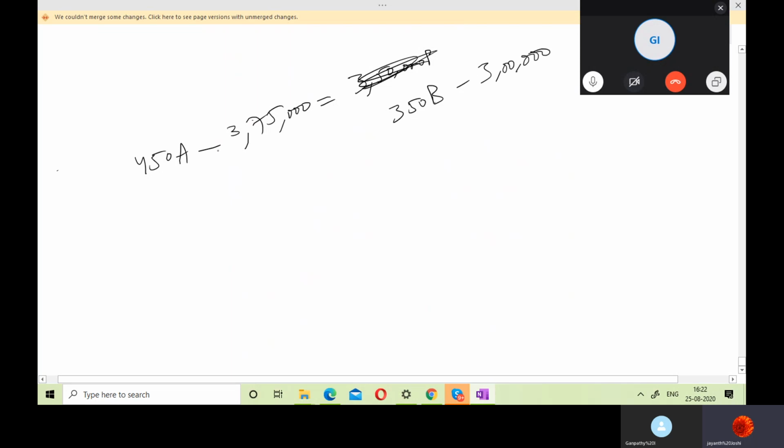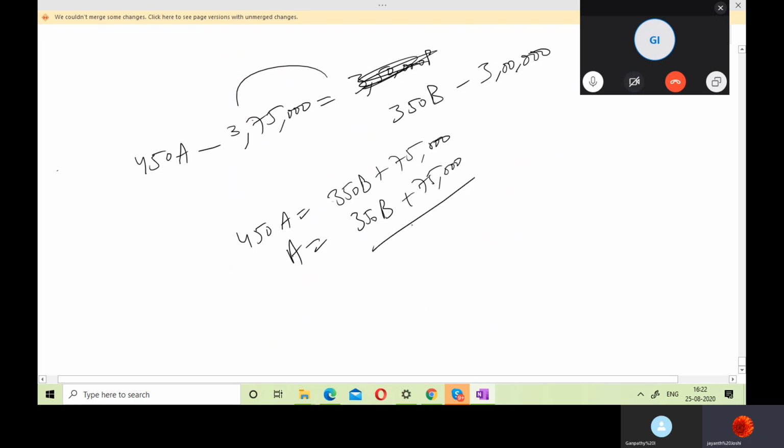I'll take this here: 450A is equal to 350B plus, so this minus will go there and become plus. 3 lakh 75 minus 3 lakh is 75,000. So A is equal to (350B plus 75,000) by 450. So I got A in terms of B.